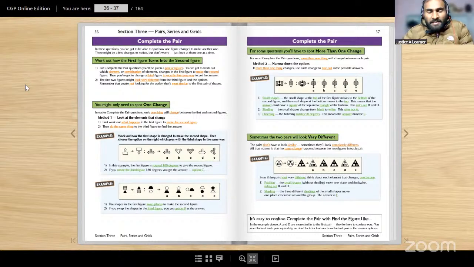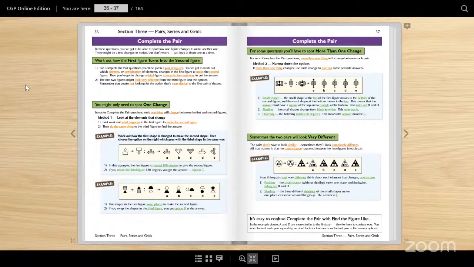What did you understand in this? So you get three pictures, and these two pictures will somehow be related, like this one has a line and the line changes to that. So that means that's one change.